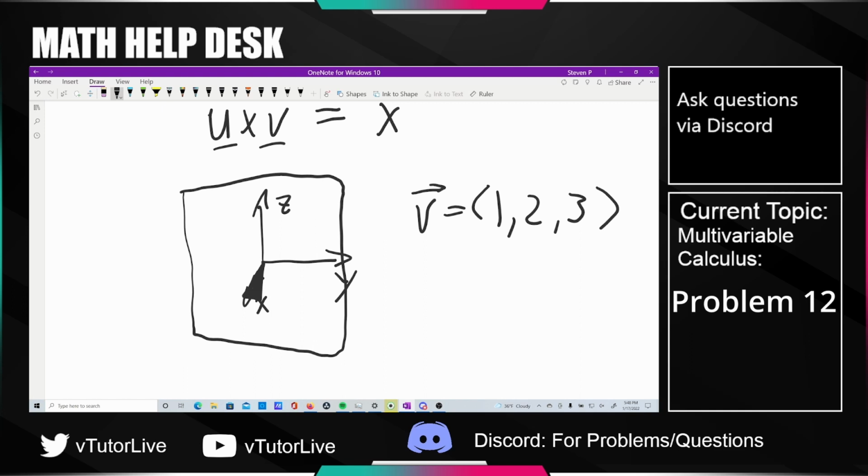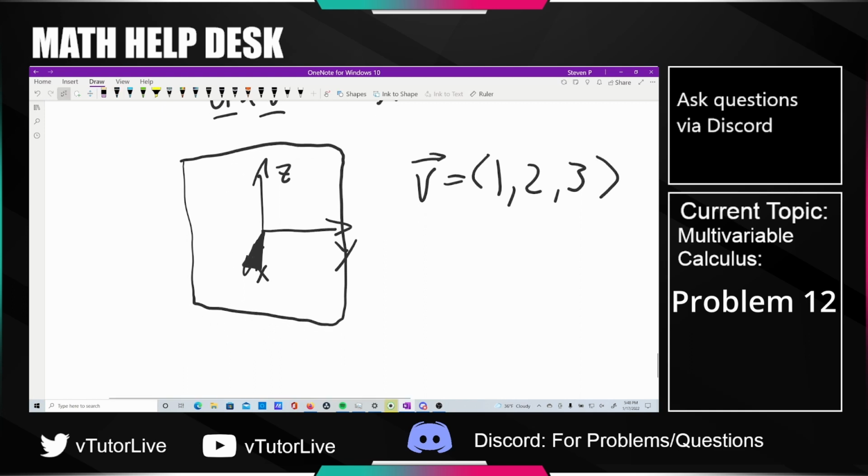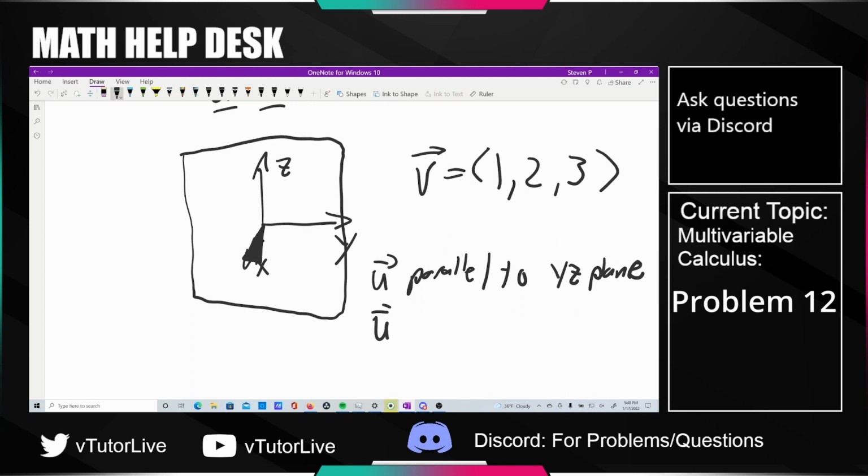So if some vector U is parallel to the YZ plane, this is essentially saying its X component is 0.